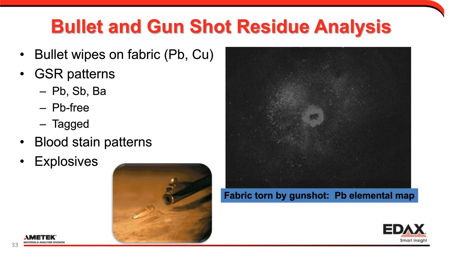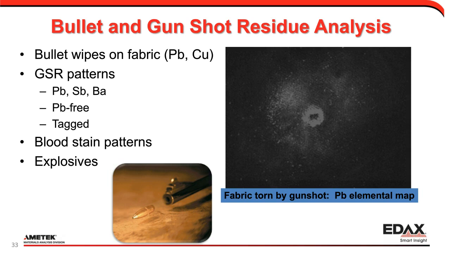You can see in the center, this is the lead elemental map, and you can see the very heavy wipe of the bullet against the fabric, and that leaves traces of the bullet wipe on the fabric, so you can tell whether that's a lead projectile or copper-jacketed projectiles will leave a copper wipe on the fabric.